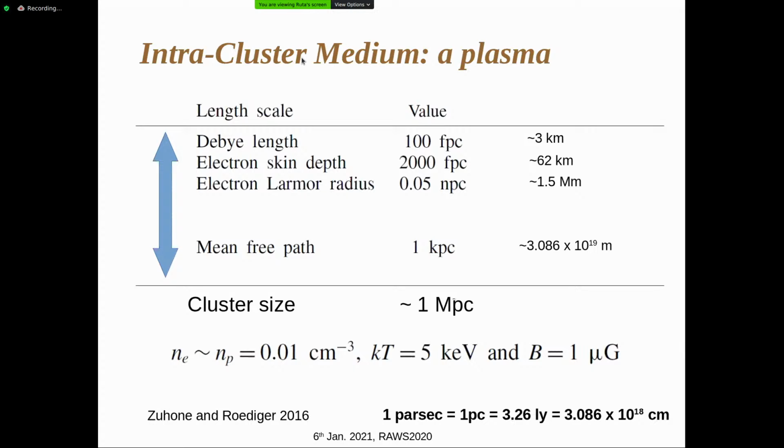If you compare the two numbers, the electron Larmor radius with the mean free path, you can see that the Larmor radius is much smaller than the mean free path. So what these charged particles are doing in this plasma is that, if they are in these weak magnetic fields, they are essentially tied to these magnetic fields and just moving along the magnetic field lines.